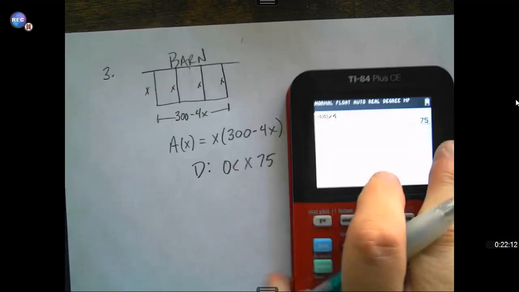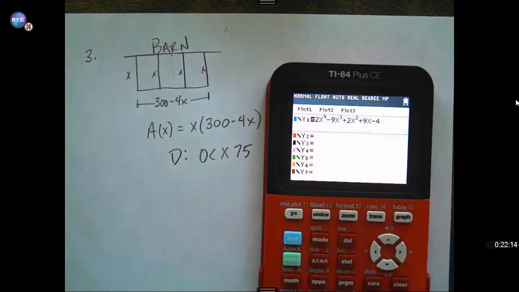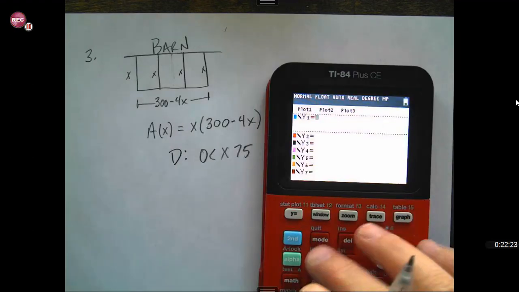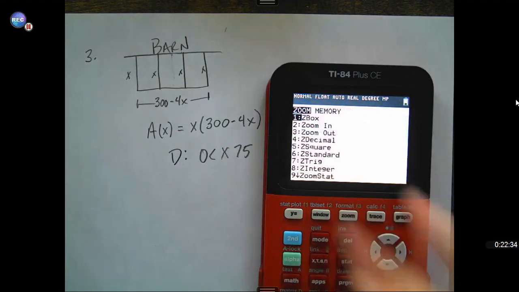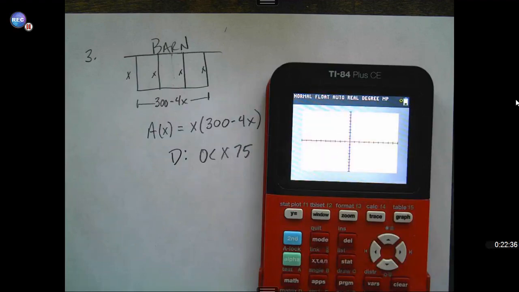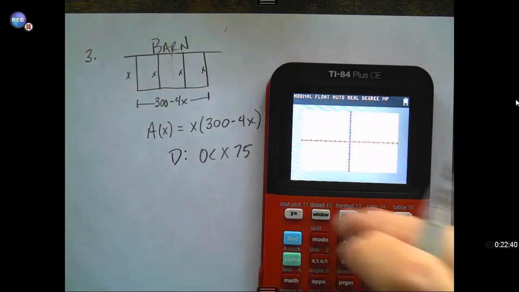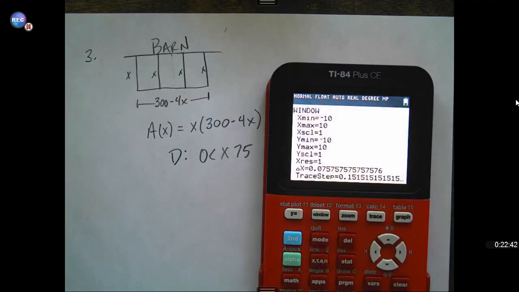So now when I jump to my calculator, I go to y equals, and I do not need to multiply that out. It's x times the quantity 300 minus 4x. Okay. And I don't know, zoom 6. And obviously, we said we need to adjust our window.